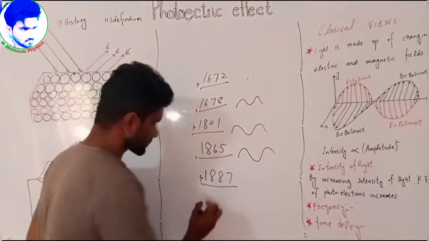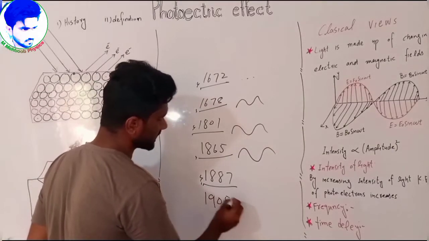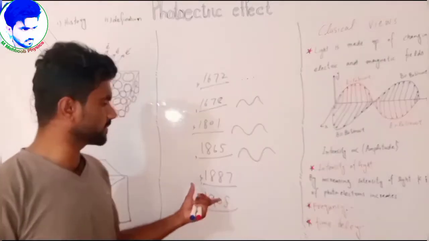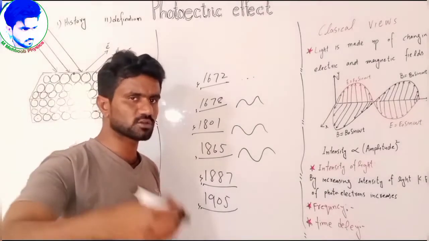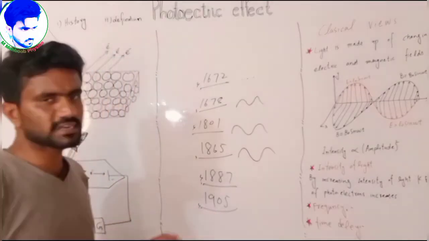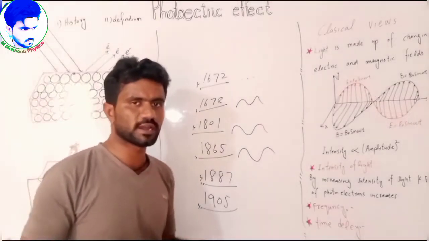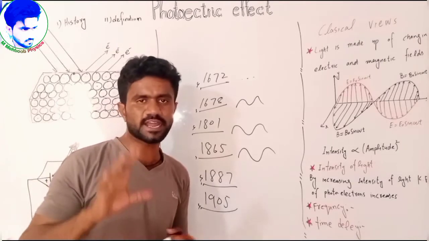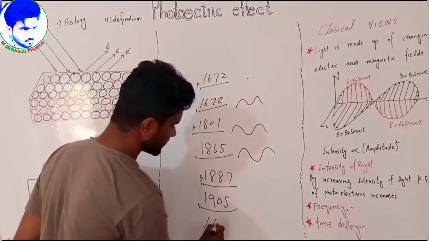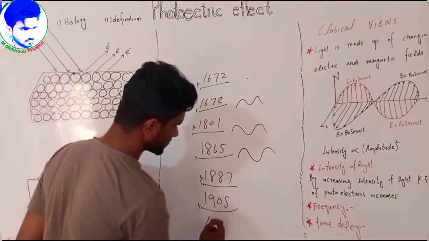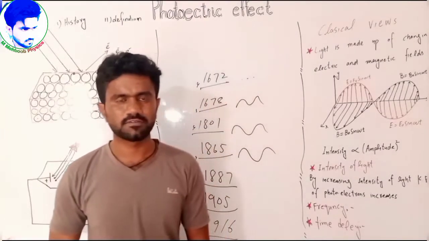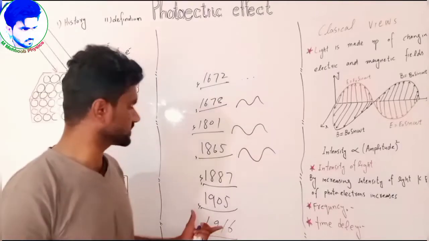Then that was Heinrich Hertz's experiment. That was the first step toward the explanation of the photoelectric effect, basically. And then in 1905, Einstein explained the phenomenon of the photoelectric effect, and it took 10 years for its experimental proof. And in 1916, the oil droplet method was performed to check Einstein's hypothesis.